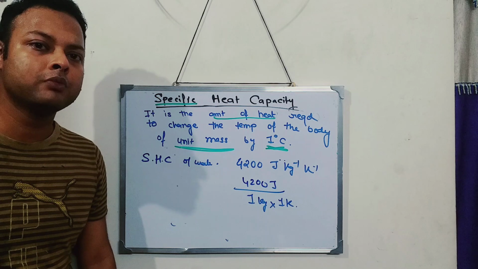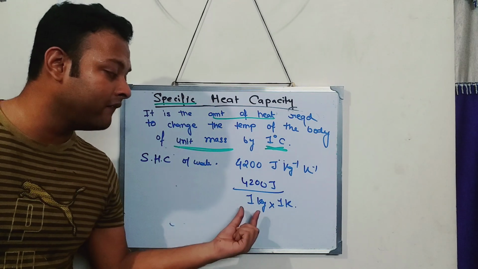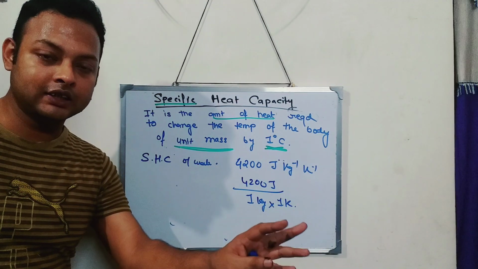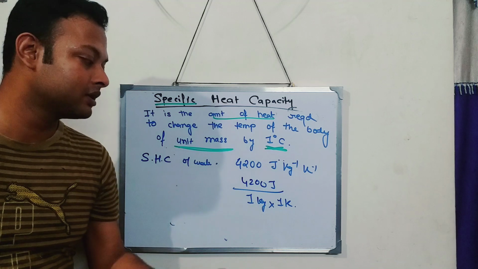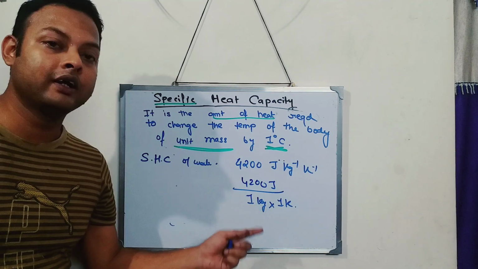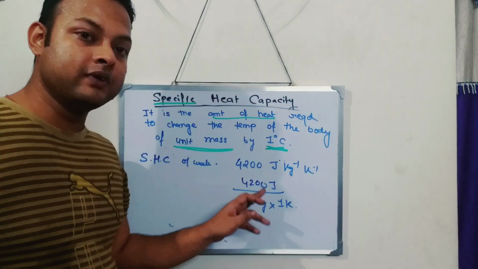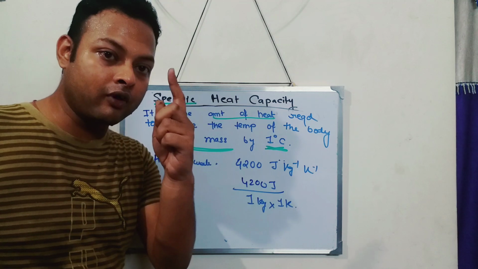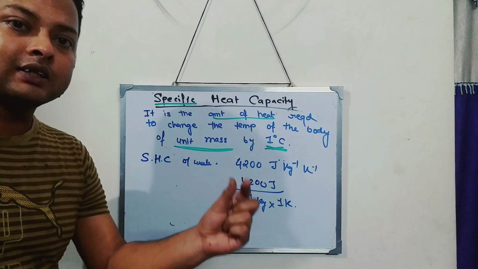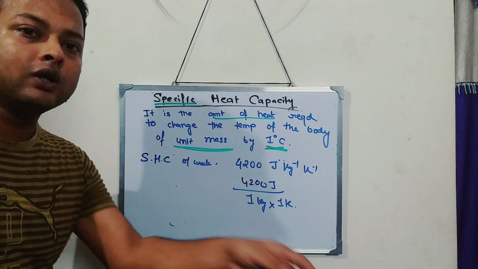Why doesn't it depend on mass? Because in specific heat capacity, I have made my mass equal to 1 kg, and that never changes. According to the statement, it is unit mass. So I will never change this mass of 1 kg, whatever substance I take. I make sure that the specific heat capacity is always calculated for 1 kg. So how does it depend on mass?